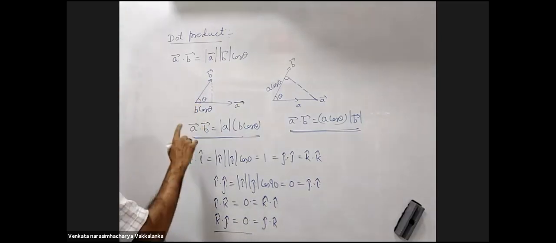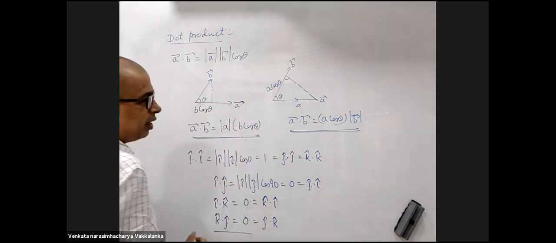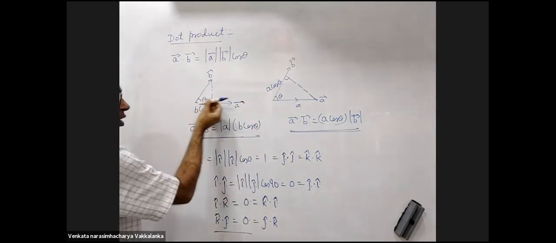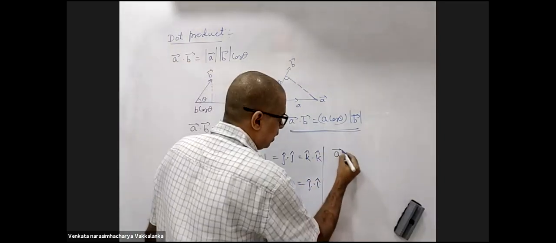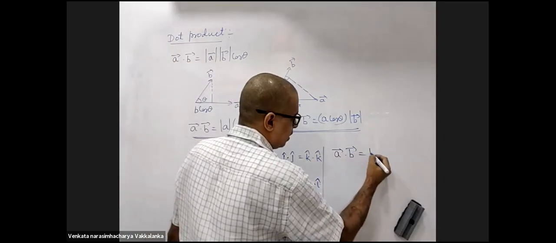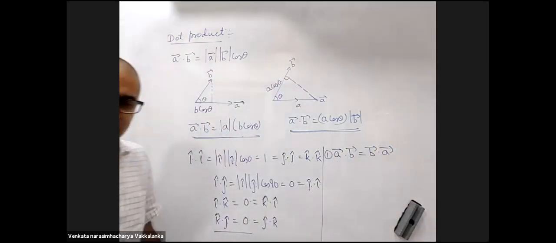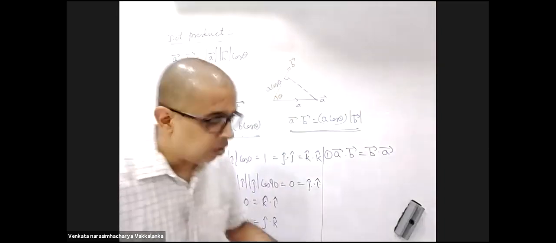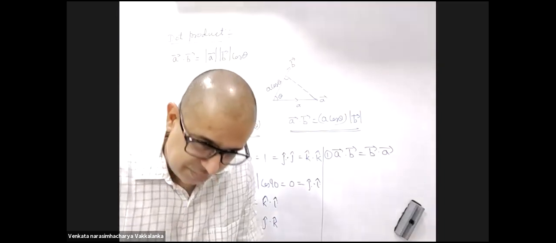Are you trying to tell me A dot B will be equal to B dot A? I have already shown you that. Whether you resolve B on this or A on this. You mean to say A dot B is equal to B dot A. First property, yes. What is this property called? Commutative property.